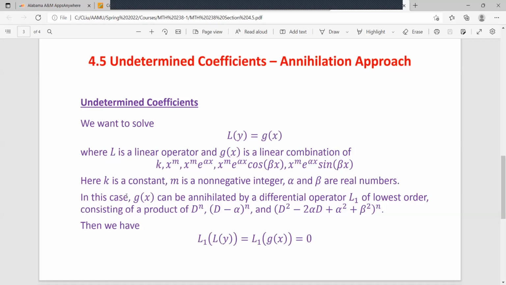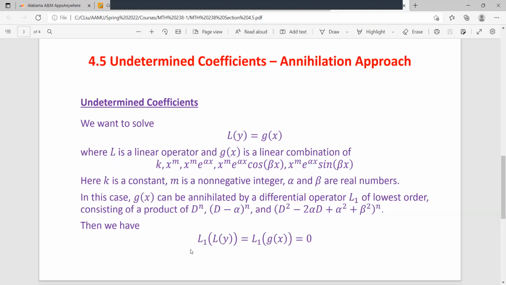The next step is that in this case g of x can be eliminated by a differential operator L1. That's another differential operator. If you apply L1 on both sides, you annihilate the right-hand side to get 0. So the whole thing is just a homogeneous differential equation.